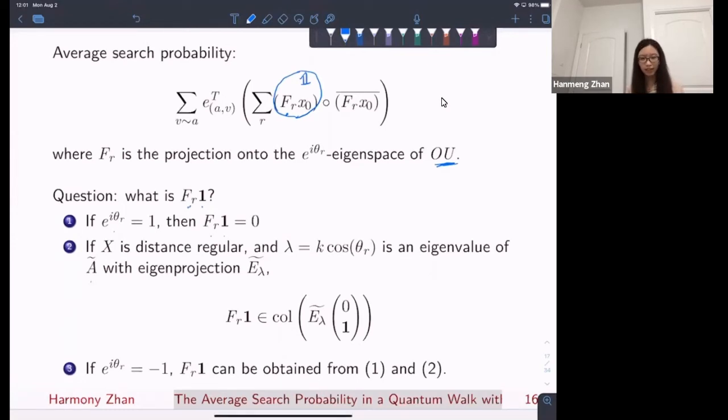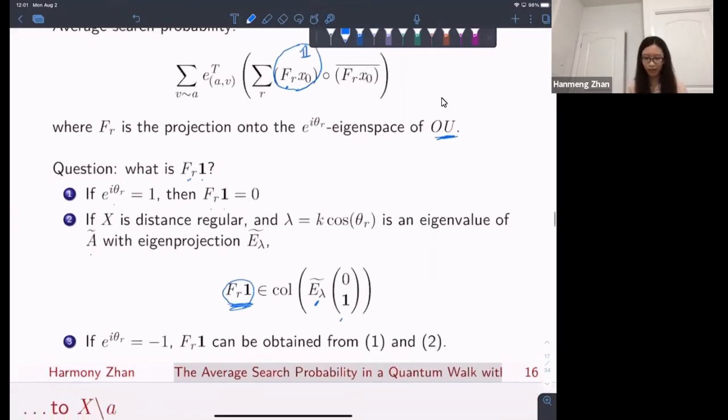And even better, if the graph is distance-regular, then this column actually lies in the lambda eigenspace of A tilde, and it takes this special form. So you can even express this using just lambda and thetas, but the formula again is too complicated, so I won't include it here.